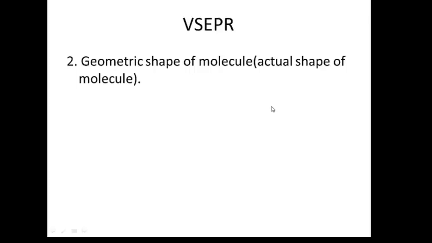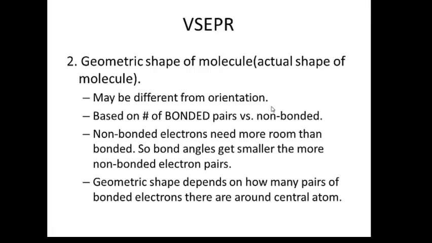The geometric shape is the actual shape of the molecule. So if the question says, what shape is this molecule, think geometric, not orientation. The geometric shape is based on the number of bonded pairs versus non-bonded pairs of electrons.